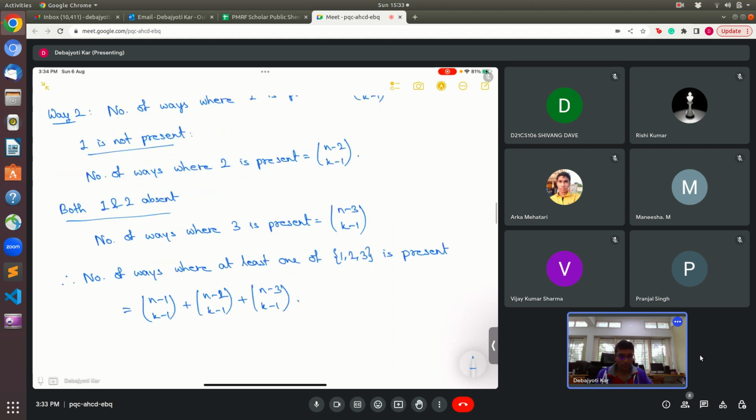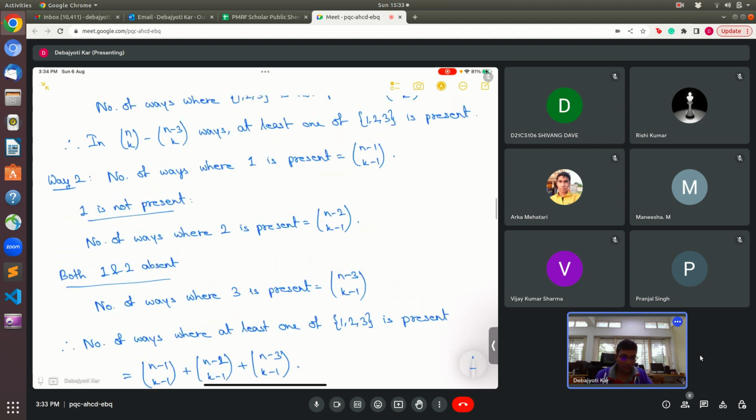And so we are done. We counted the same quantity in 2 ways and therefore these 2 things must be equal.